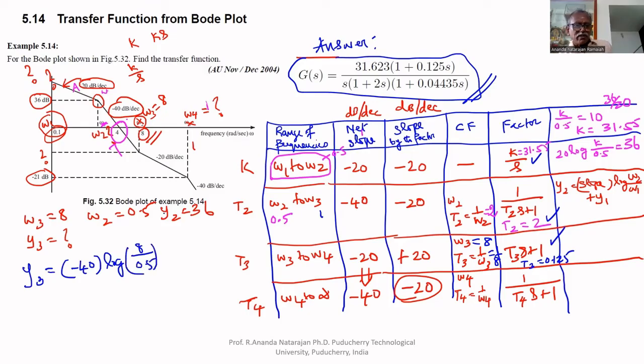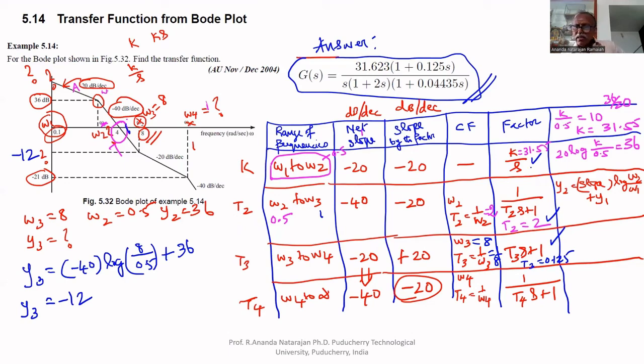So 8 divided by 0.5, plus the value there is 36. If you use this, what will we get? y3 equal to minus 12. Now we know y3. y3 equal to minus 12.